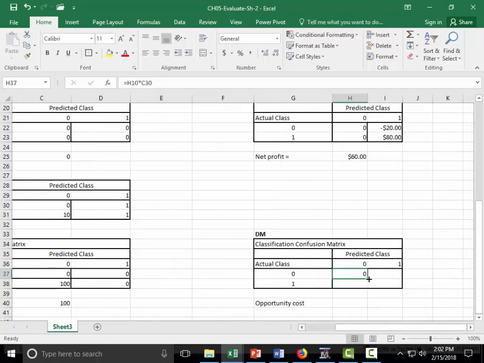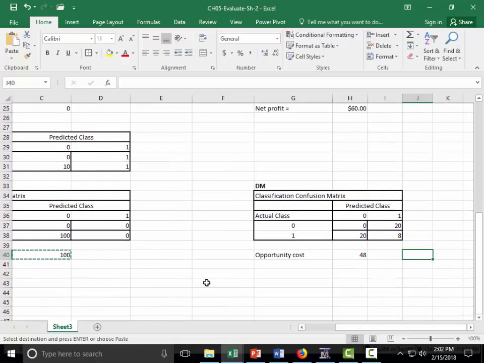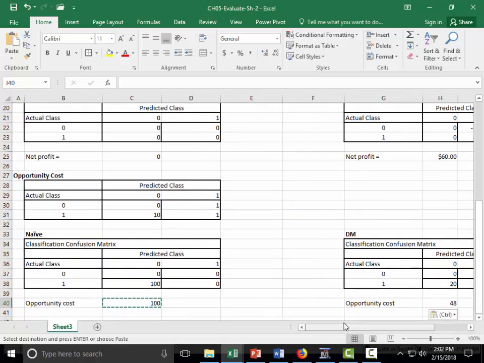And sum that and get an opportunity cost of $48 against $100, and obviously $48 is much better than $100 cost. Okay, so this is what we did. I just went over the slides. I didn't work it out, so I thought I'll work it out so you'll have an example of it.